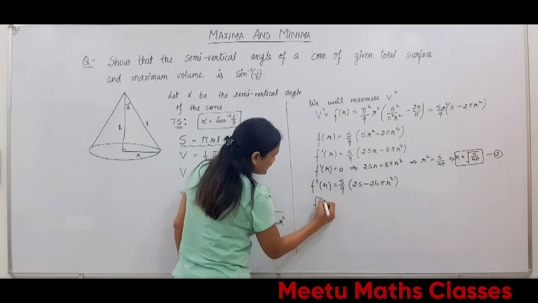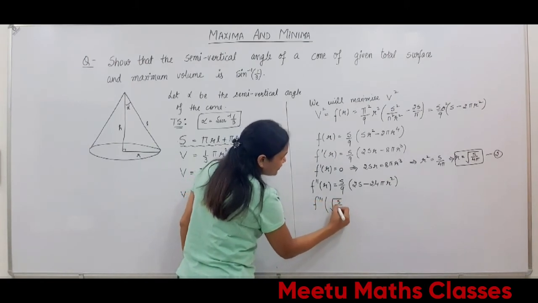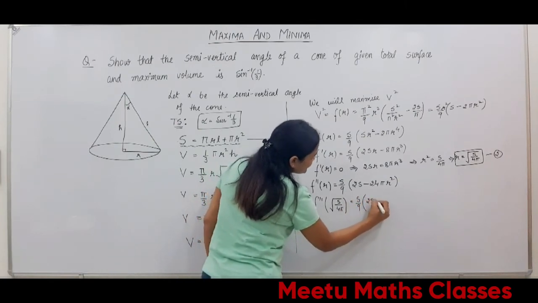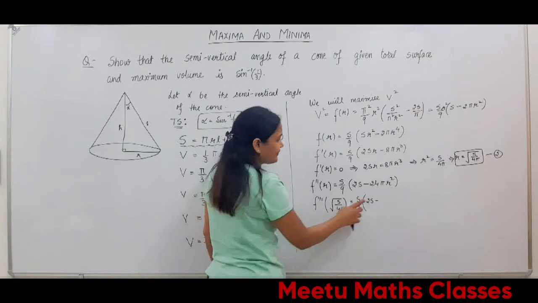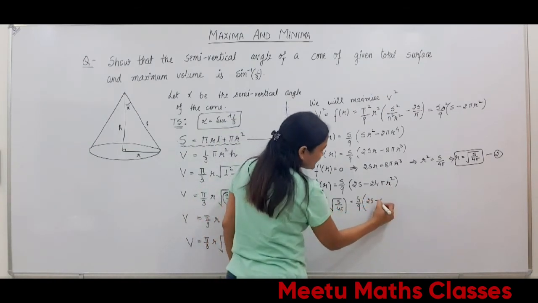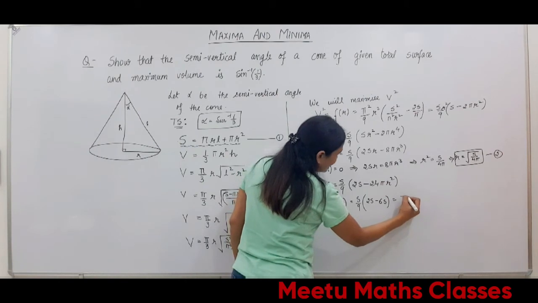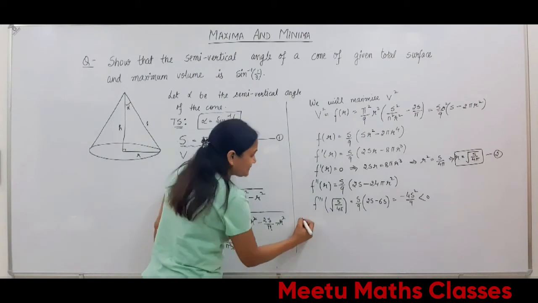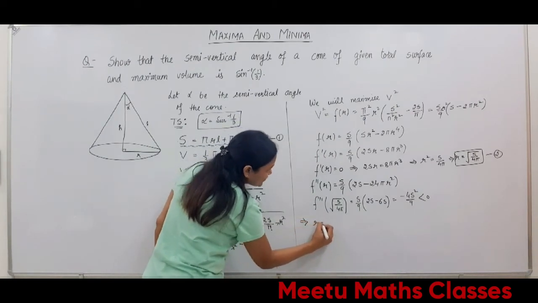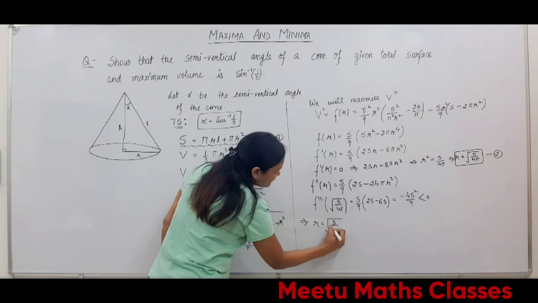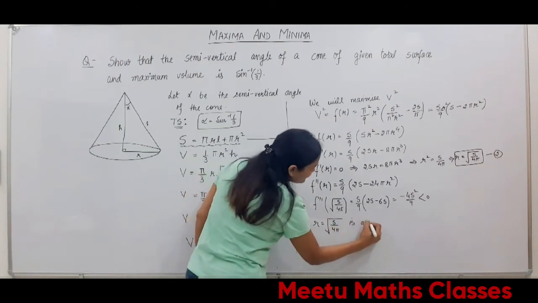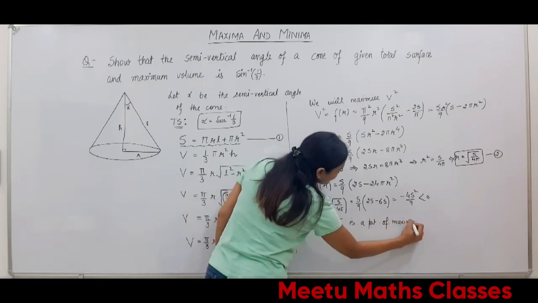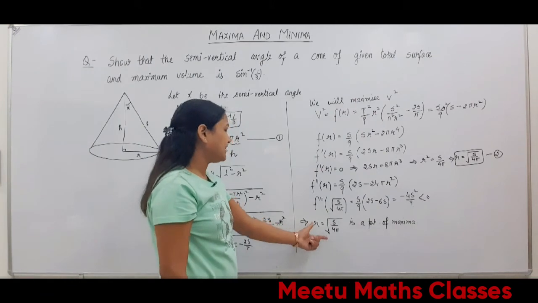So the second derivative at this particular point, root of s upon 4 pi, will be s by 9 times 2s minus 24 pi times r square, where r square is s by 4 pi, and this will give you 6s, and this is minus 4 s square by 9, which is negative. That implies r equal to root of s by 4 pi is a point of maximum, and your volume is maximum at this point.